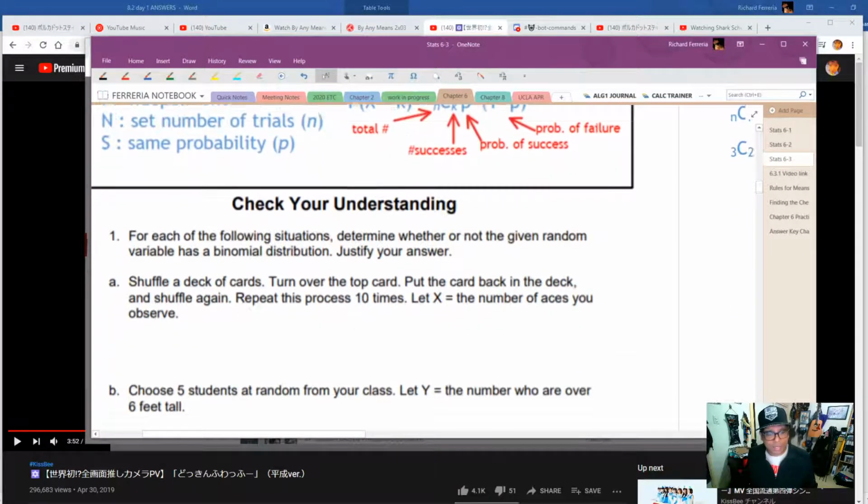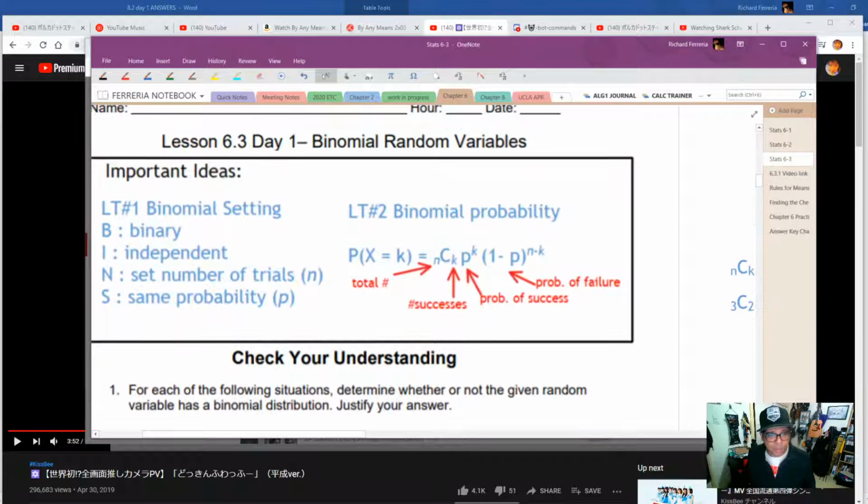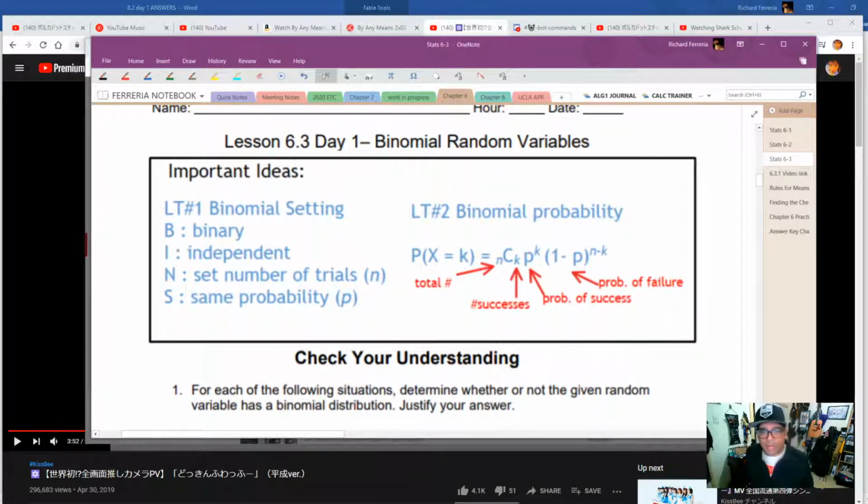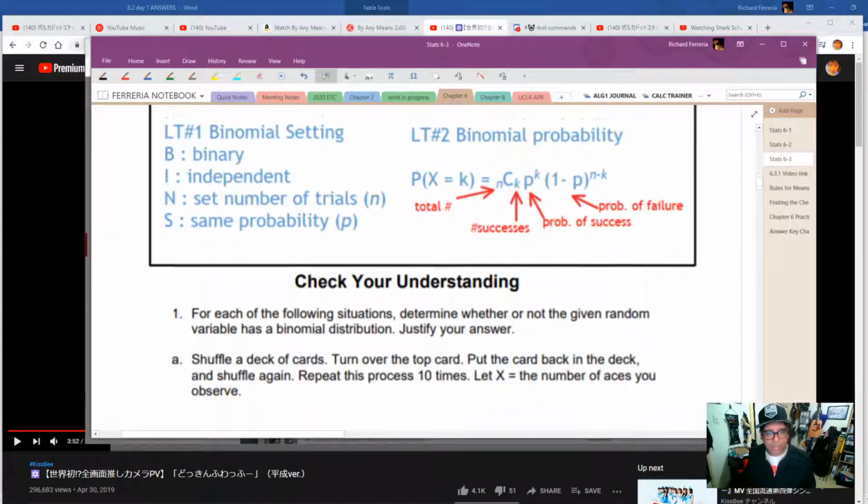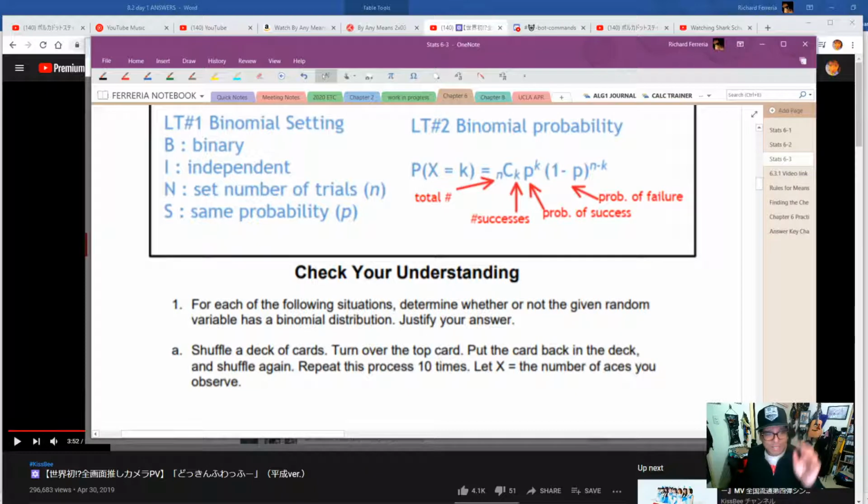In any case, none of that's going to matter because your calculator will be calculating all of your combinations for you. So you just need to write down that combination, say that you're going to do it on your calculator, and then just do it on your calculator. So we'll get into how to do that on your calculator in 1 second.